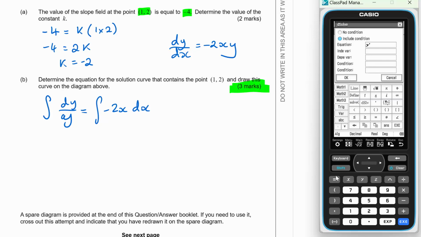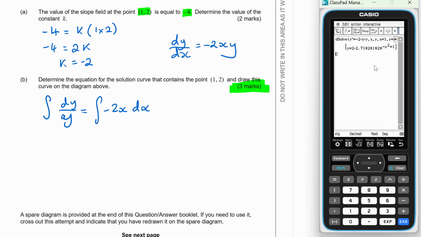And that is going to be equal to -2xy. The independent variable being x, the dependent variable being y, and the conditions are when x equals 1, y is equal to 2.